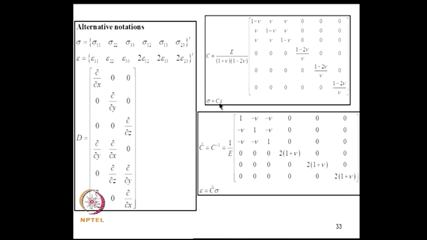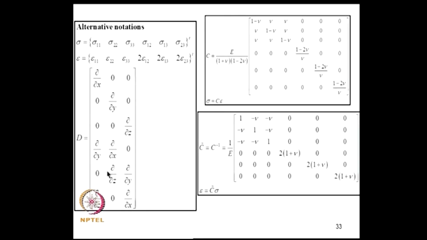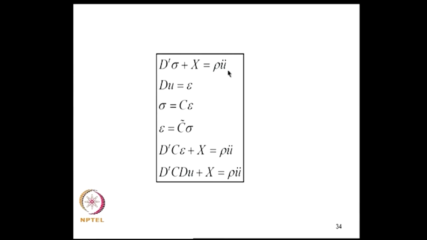For example, stress is related to strain through this 6 by 6 matrix, or strain is related to stress through this C tilde, which is this. Okay. So, this is, as I said, a material that obeys Hooke's law and which is isotropic. Now, in terms of this matrix D, the equilibrium equation can be written in this form, and these are the strain displacement relations, and this is the constitutive law.